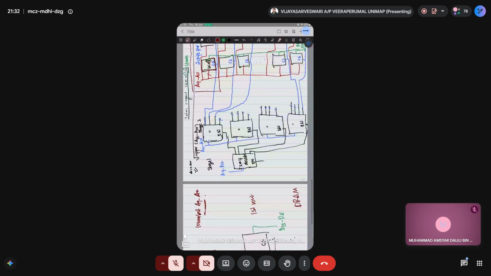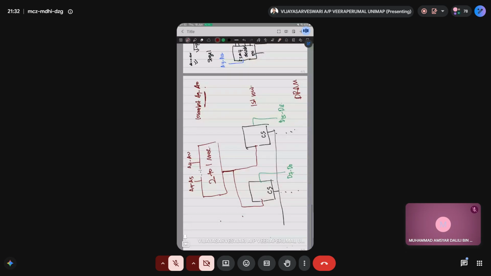But for the DRAM, I told you, right, we have a CS and then we have the RS, column selection and row selection. So these CS and RS will do the work. We put inside the 2 to 1 mux, which decides which row and which column to be selected, and then it gives the input to the particular chip selection. So we have an additional stage for the DRAM. That's why DRAM is much slower compared to the SRAM.